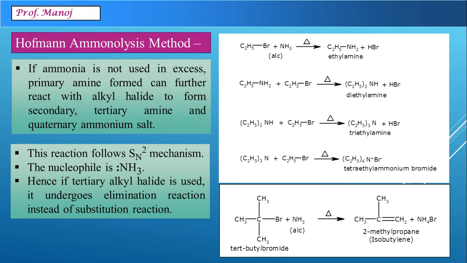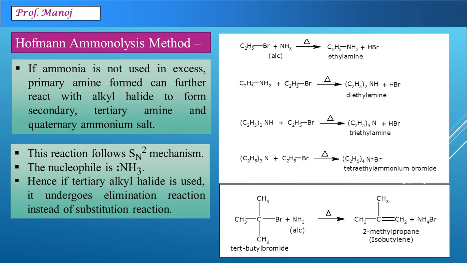So as shown in the equation, you can see NH3 molecule now absorbs the bromine and hydrogen to produce isobutylene or 2-methylpropene molecule. That is why Hofmann ammonolysis has basically 2 limitations. Number 1, we must use excess of ammonia. Number 2, tertiary alkyl halide should not be used for this reaction.